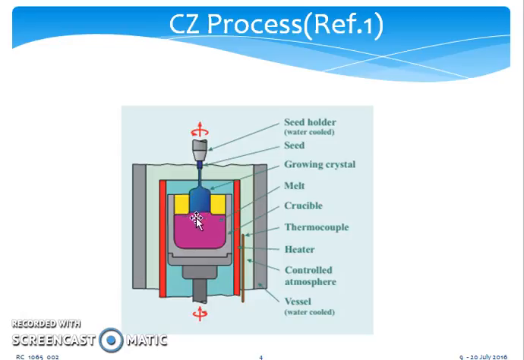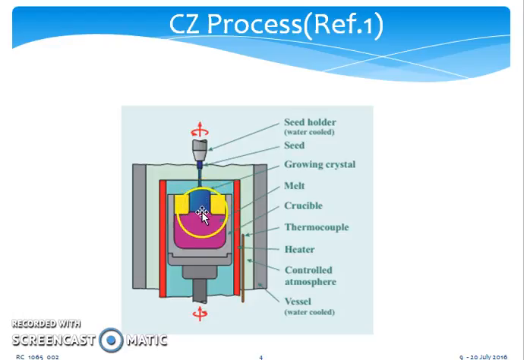Now as the melt freezes, the seed holder is slowly pulled up. While it is pulled up, it is also slowly rotated. So you can see from the melt a solid silicon crystal starts coming up. Now when the melt solidifies, the solid acquires the atomic arrangement of the seed.